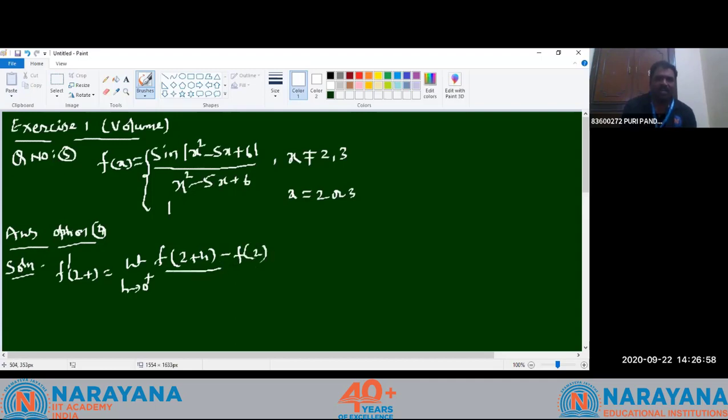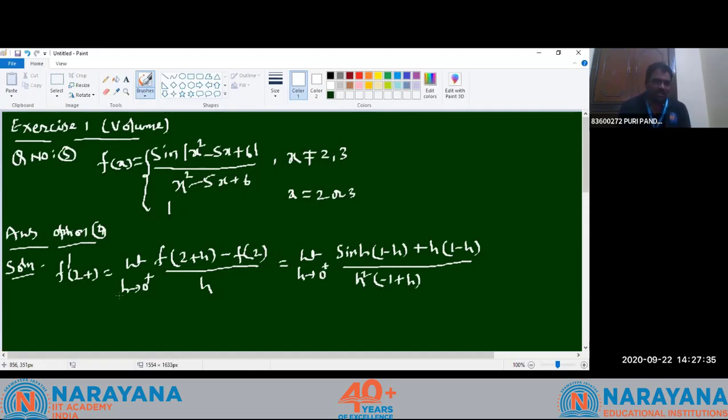Which is nothing but what we are getting here: limit h tends to 0 plus of sine of h into 1 minus h, plus h into 1 minus h, by h square into minus 1 plus h.